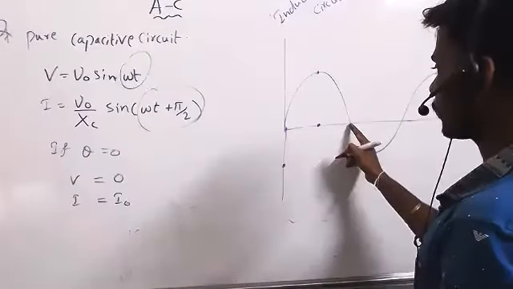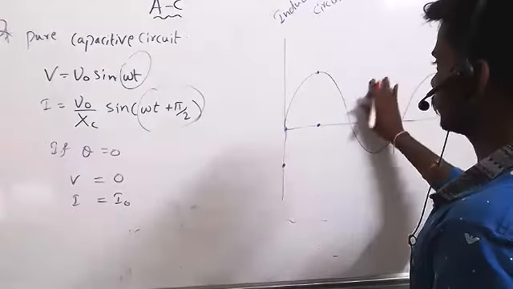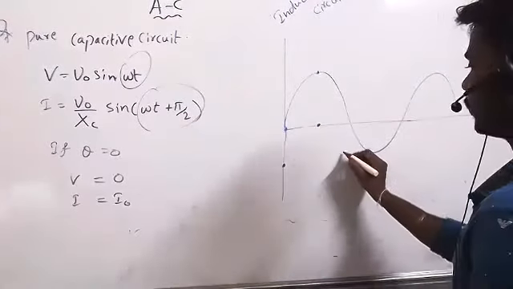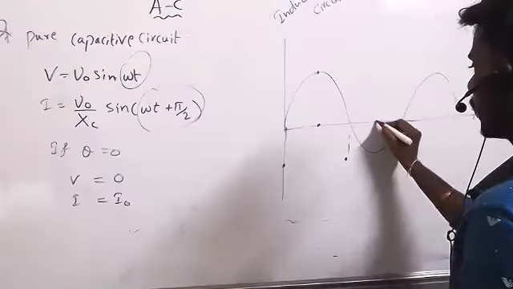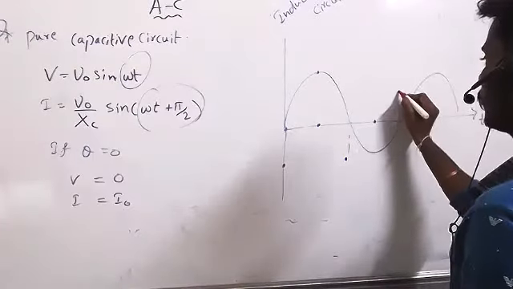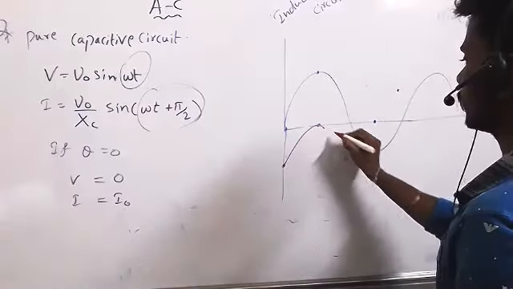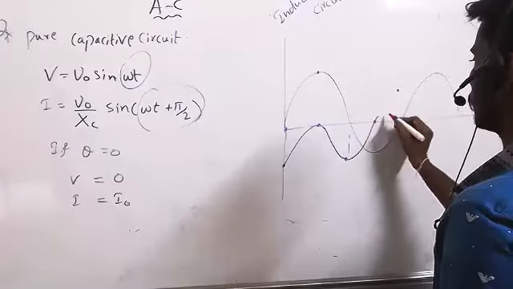If it is here, current will be minimum value. Current will be maximum value. Again here, minimum value, current will be maximum value. So previous, right?